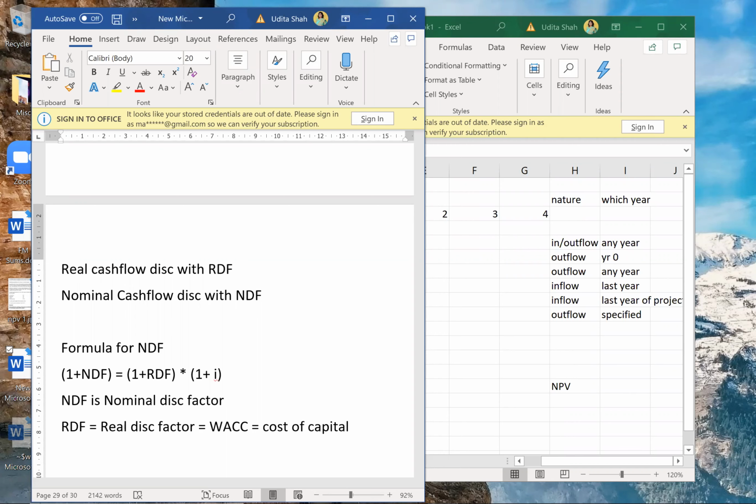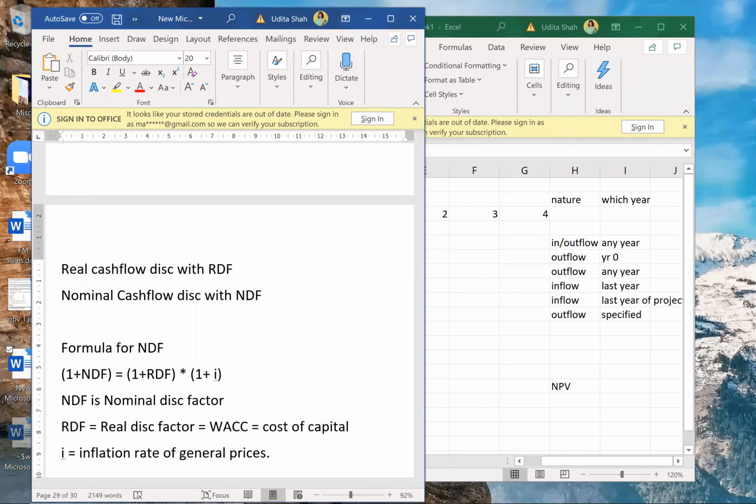And what is I? I is the inflation rate of general prices. They will give different inflation rates: inflation rate for sales will be different, inflation rate for cost will be different, and inflation rate for general prices will be different.